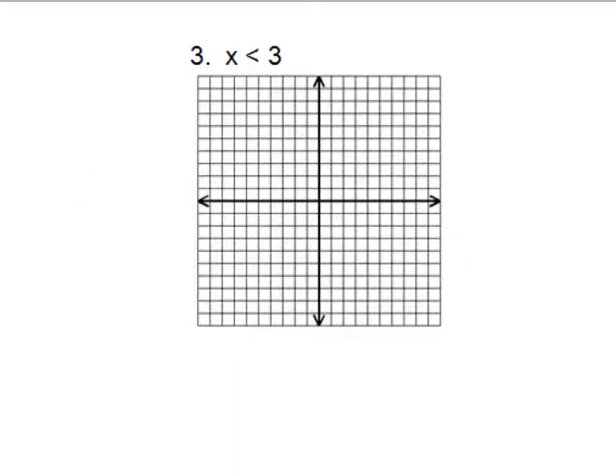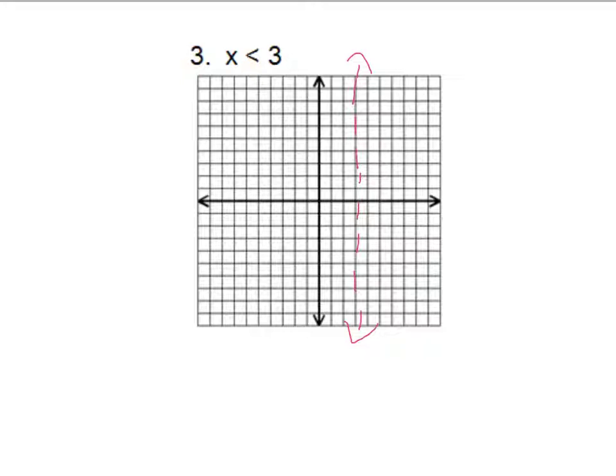Alright, example, x is less than 3. Okay, this is a vertical line. We have an undefined slope, and it's less than, not equal to, so that means the line is not a part of my solution. So I'm going to draw a dashed line right where x is 3.